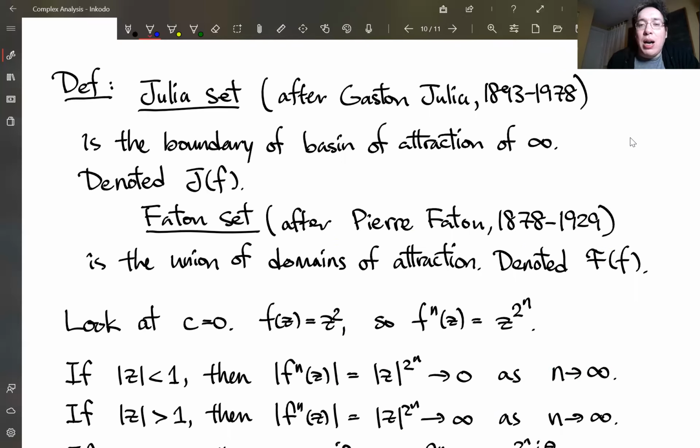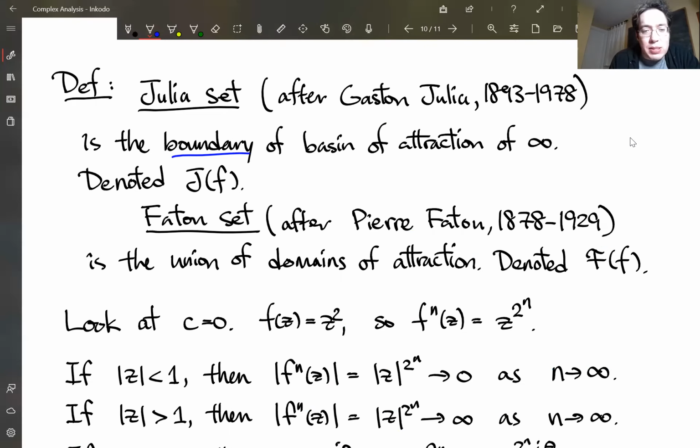The basin of attraction to infinity is basically the part of the domain, the complex numbers, where when you apply the iterate, it blows up to infinity. And we're looking at the boundary of numbers that approach infinity.